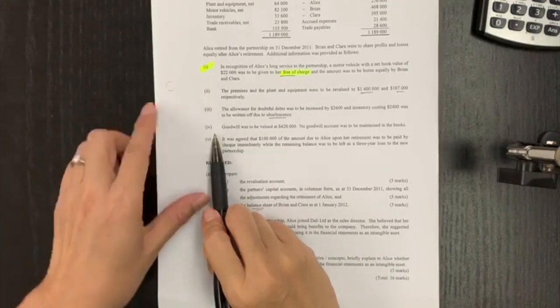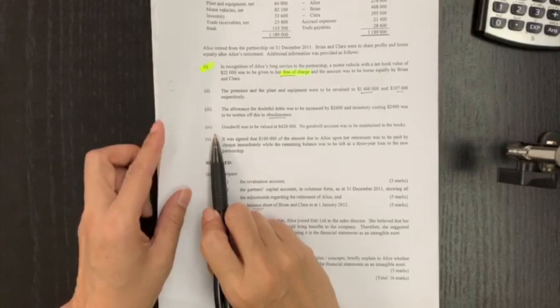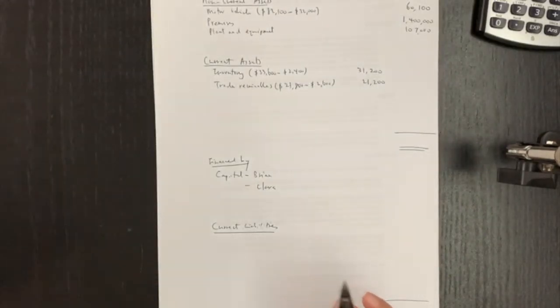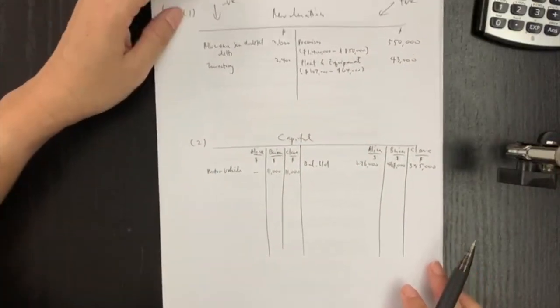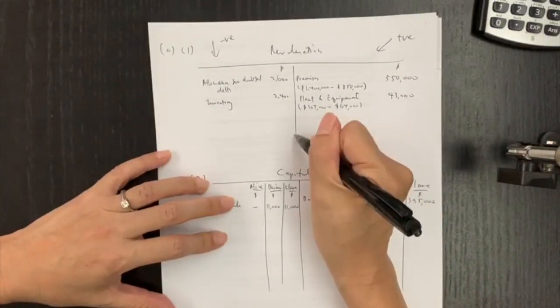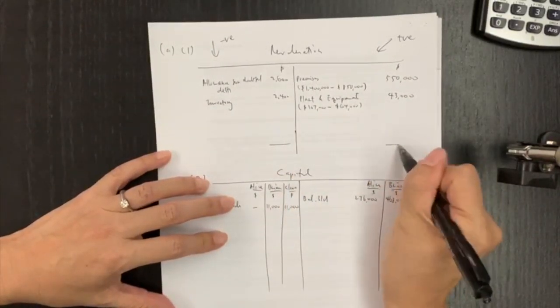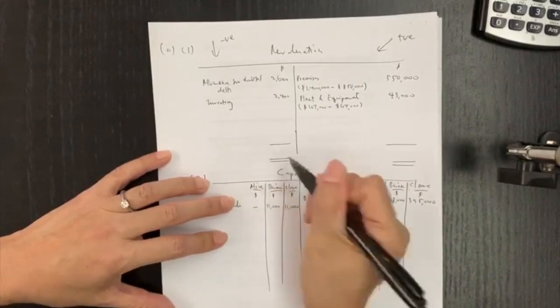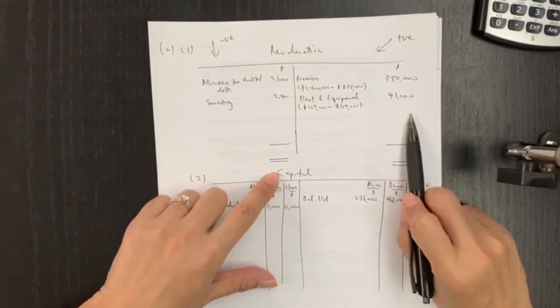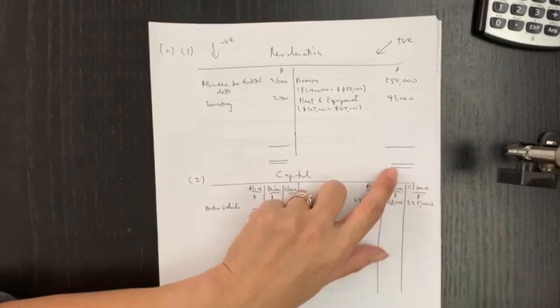So we can say that we have finished the revaluation accounts. So now can I close revaluation account here? All right, so this is my revaluation account. Okay, so which side is bigger? So obviously credit side is bigger, so 55 plus 43.